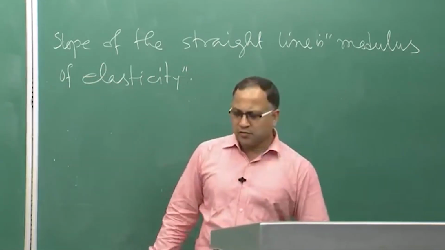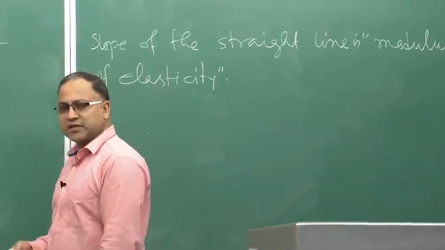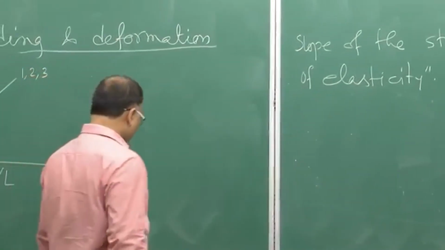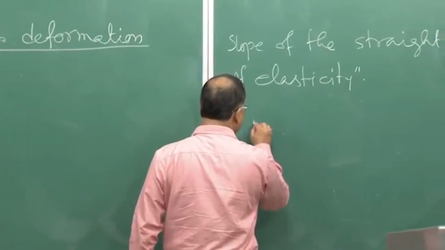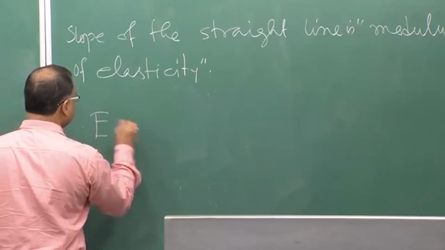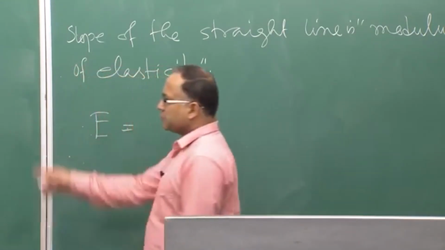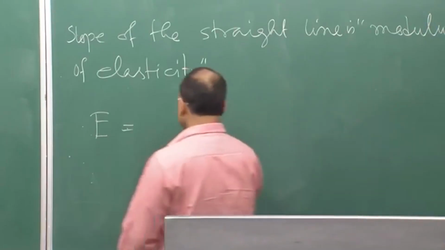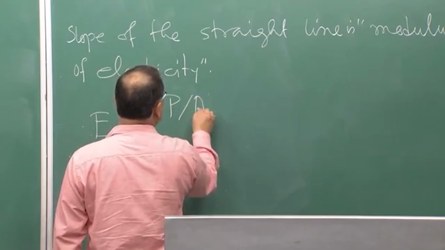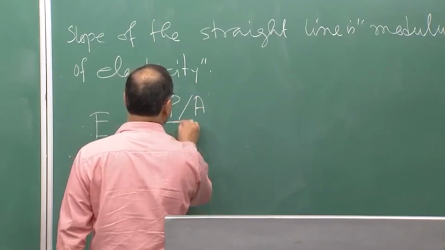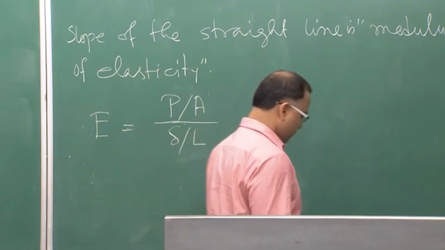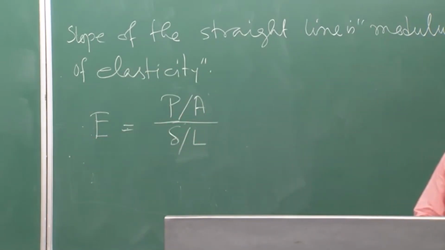You might know this from your earlier discussion in physics. If I say the modulus of elasticity is E, then from this definition, that is the slope of the line, E equals P by A divided by delta by L. This is your definition.